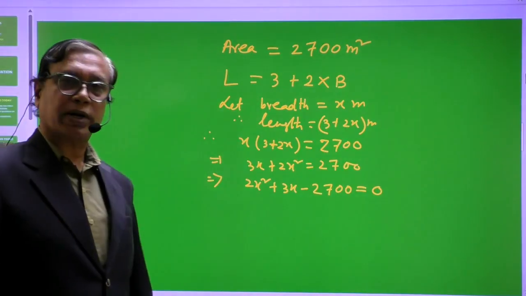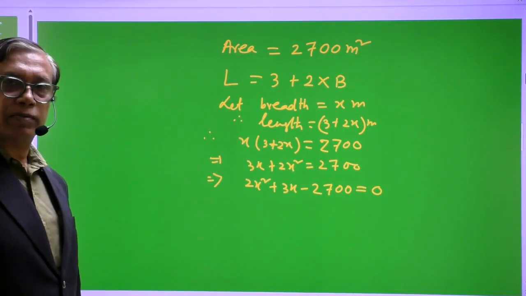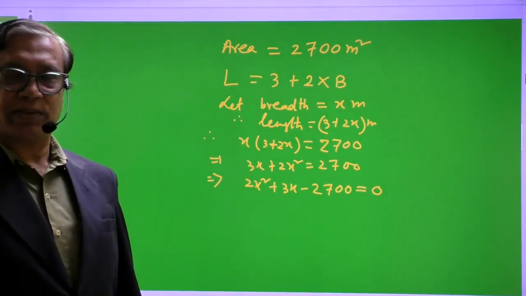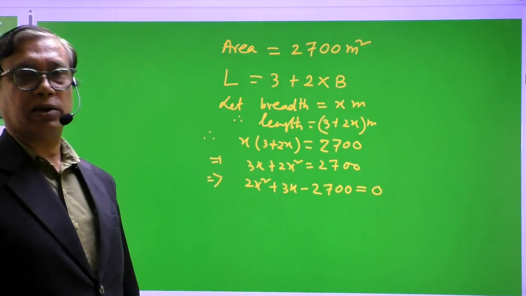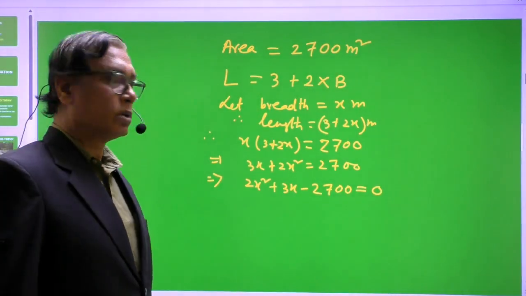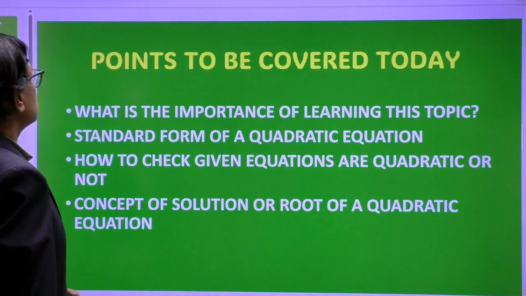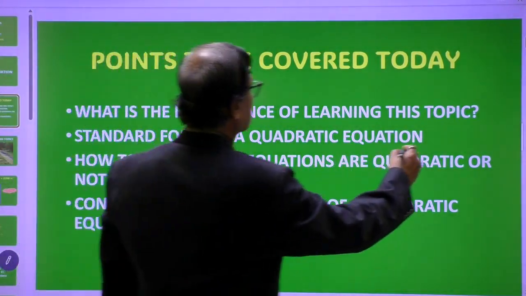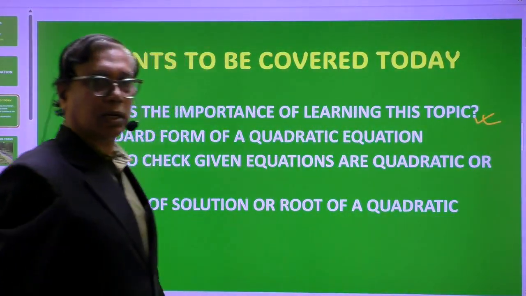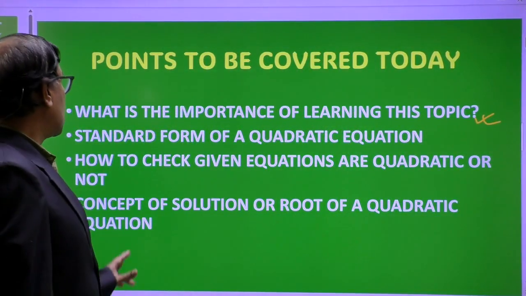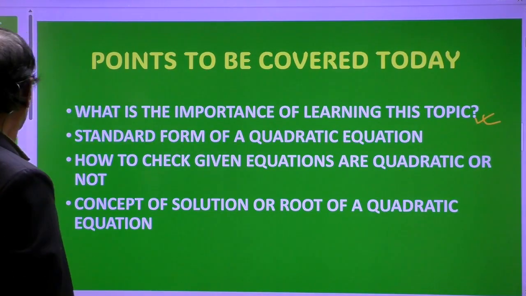If we solve this quadratic equation, then we can find the value of x, and from there we can find the length and breadth. But how to solve this equation, that part I will discuss later. So the first point, what is the importance of learning this topic, I just discussed. Now our second point is standard form of a quadratic equation.